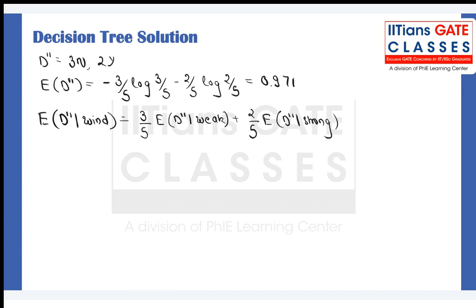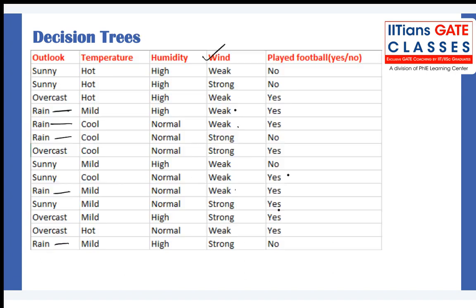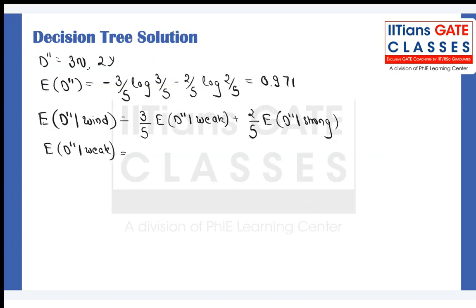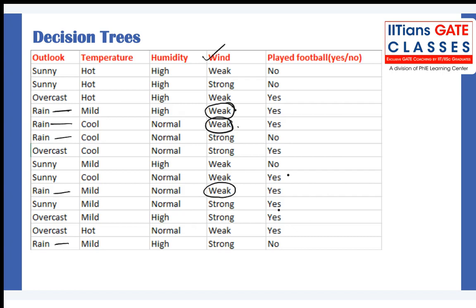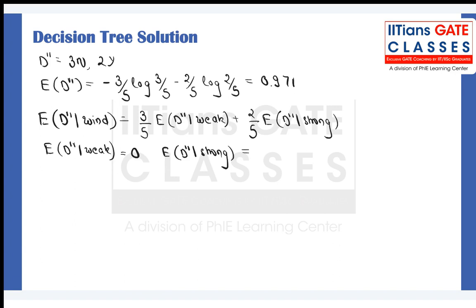Now E of D double dash given it is weak: look at the weak data sets 1, 2, 3 and you see all are yeses. So the entropy is 0. And the entropy of D double dash given it is strong: 1, 2, and both are no's. So it is also 0. So the weighted average is also 0.